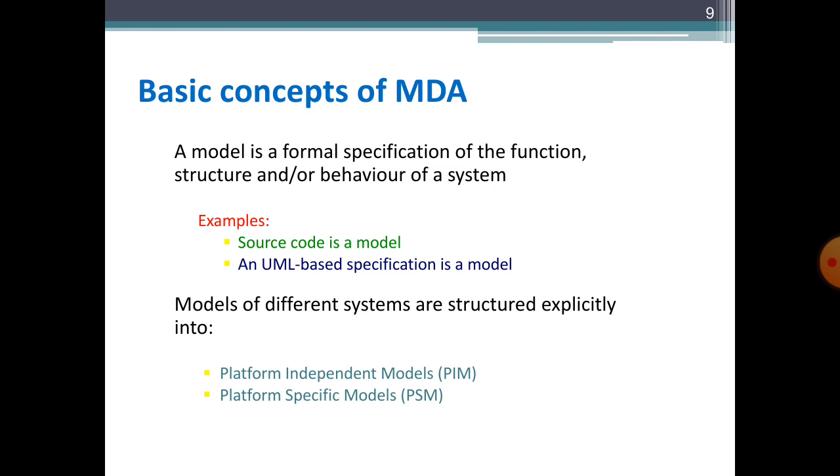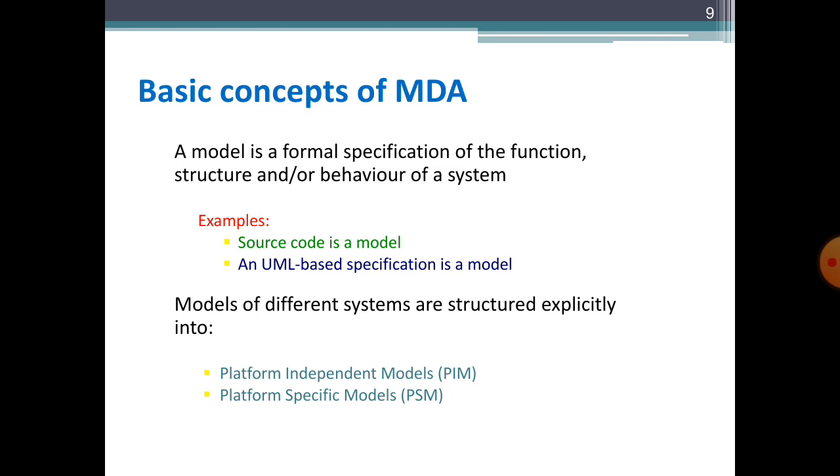Further, the models of different systems are structured into two different models. Number one is PIM, which stands for platform independent model, and the second one is the platform specific model. Students, what are these two types of model? These two models are utilized by model driven architecture.